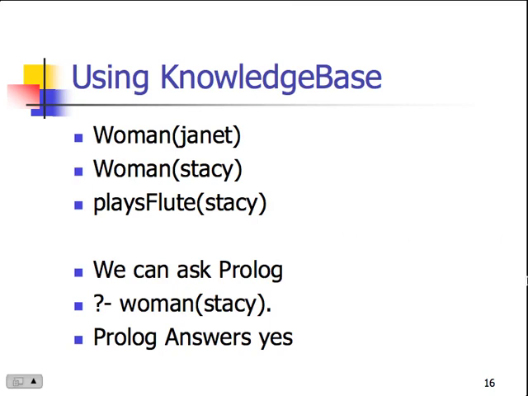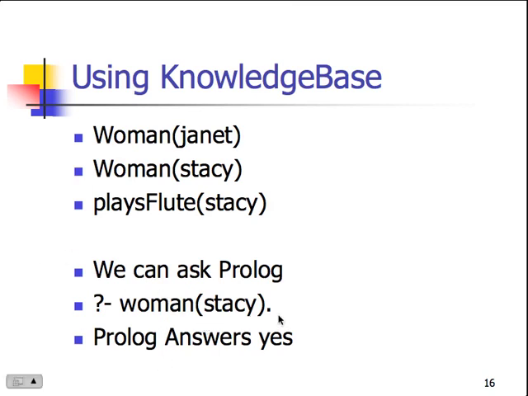So here's a sample knowledge base where we have woman Janet, woman Stacy, plays flute Stacy. And we can ask Prolog, woman Stacy? Prolog answers yes. So if you loaded this stuff in as facts, open up a blank sheet on the left-hand side, load this stuff up, say run, and then underneath it just put in woman Stacy with a dot.